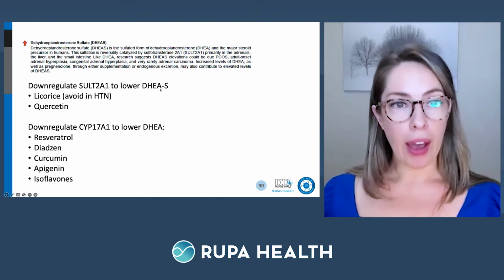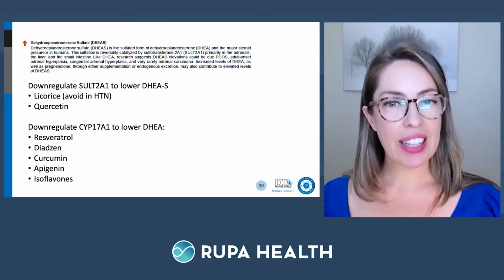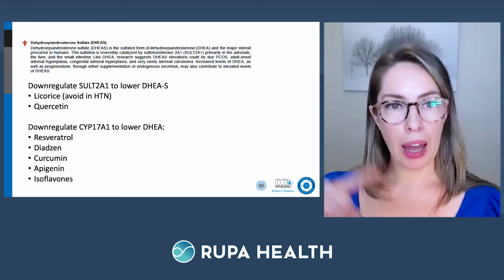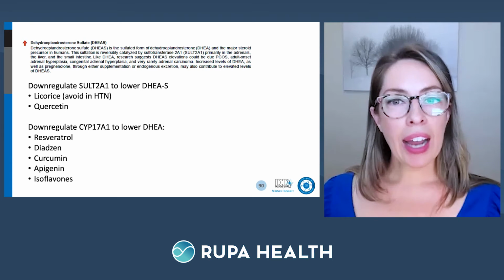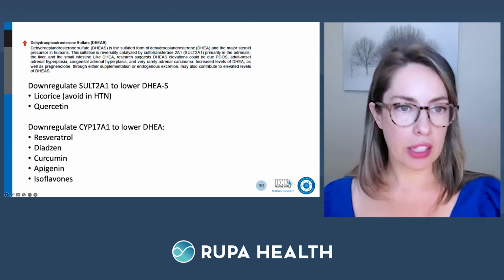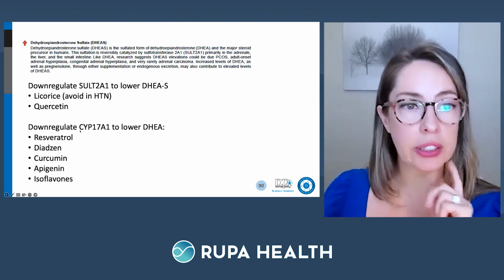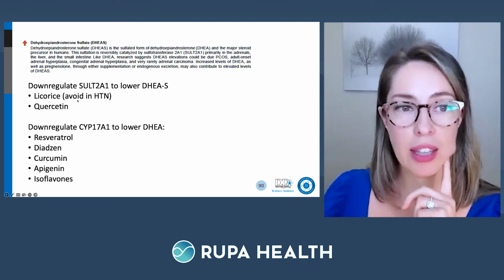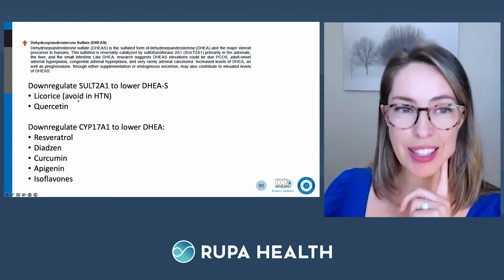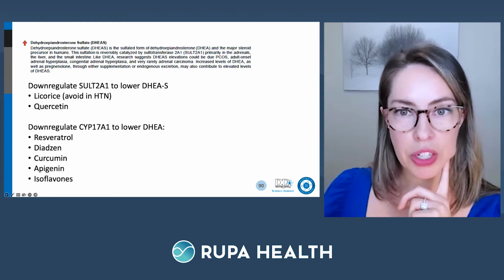Arguably PCOS, yes, and arguably metabolic syndrome might increase that risk of breast cancer, but it's a little bit roundabout. I don't have a huge problem. This patient had a slightly elevated DHEAS, but if I wanted to address that, I could downregulate it. It's the same things as the past enzyme that we saw. I would avoid licorice in this case and probably go for the quercetin.